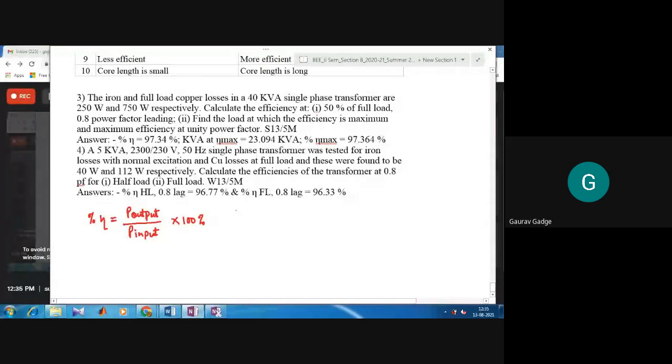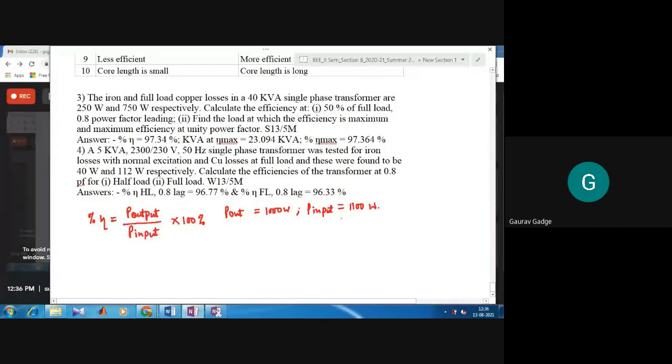Now, say the power output is 1000 watt and the input power is say 1100 watt.